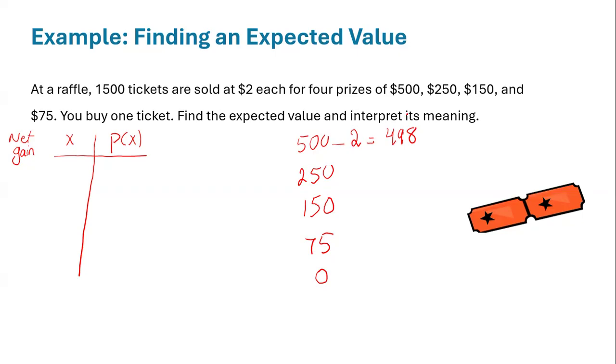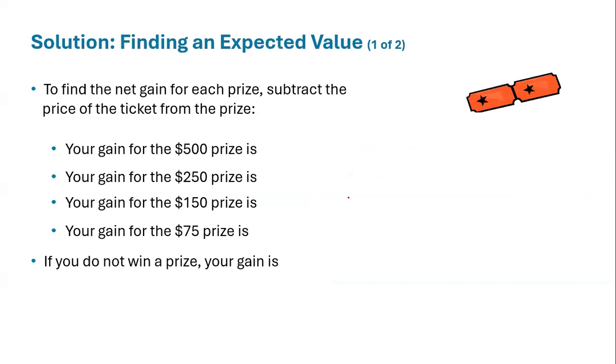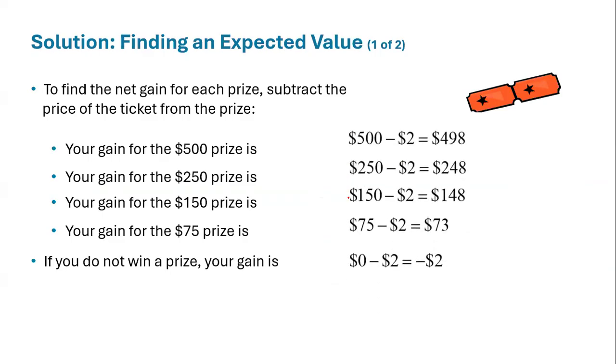Even if you win $250, your net gain is $248. If you win $150, your net gain is $148. If you win $75, your net gain is $73. And if you win nothing, your net gain is negative $2, because you lost $2 to buy that ticket. So these values are the net gains, the X values.